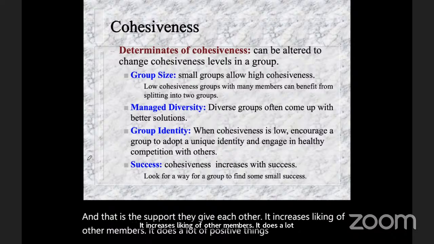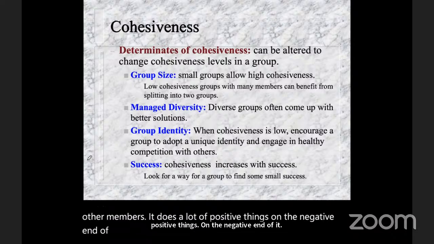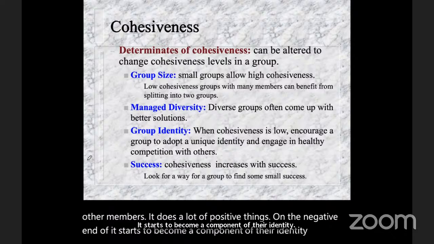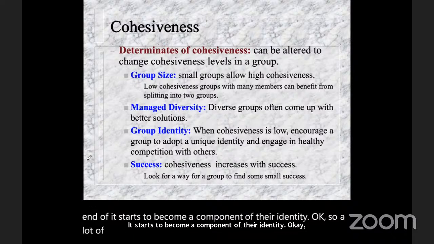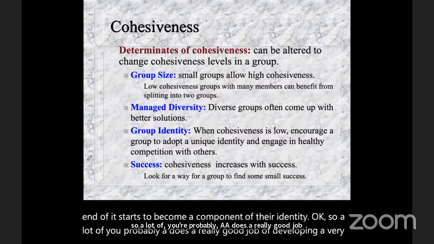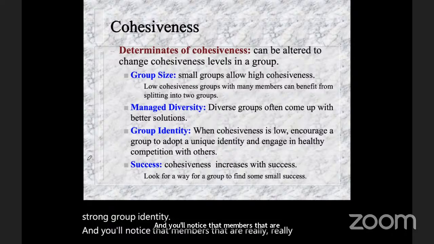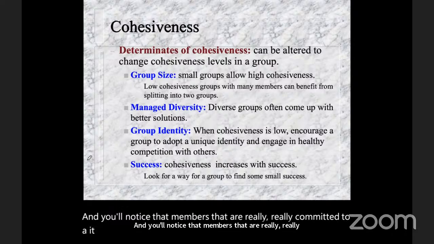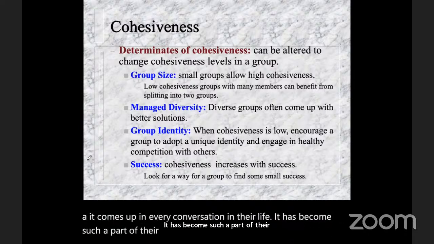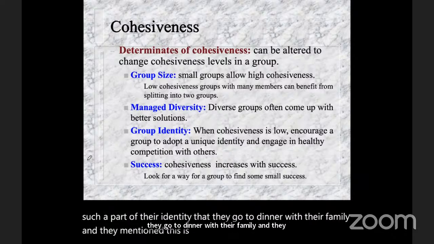On the negative end of it, it starts to become a component of their identity. A lot of you will probably know AA does a really good job of developing a very strong group identity. You'll notice that members who are really, really committed to AA, it comes up in every conversation in their life. It has become such a part of their identity that they go to dinner with their family and mention it, and it's a major focus of who they are.